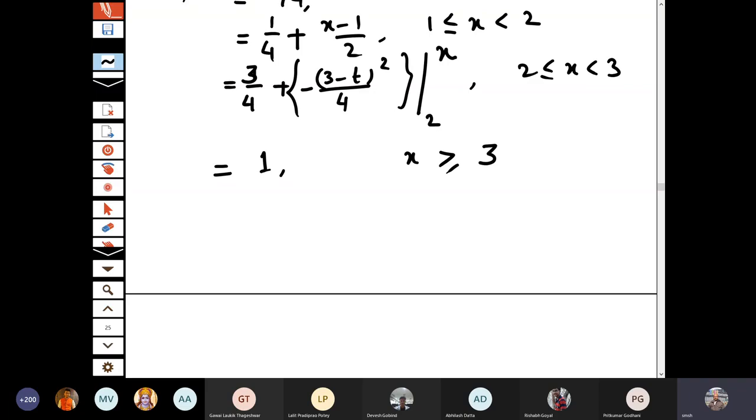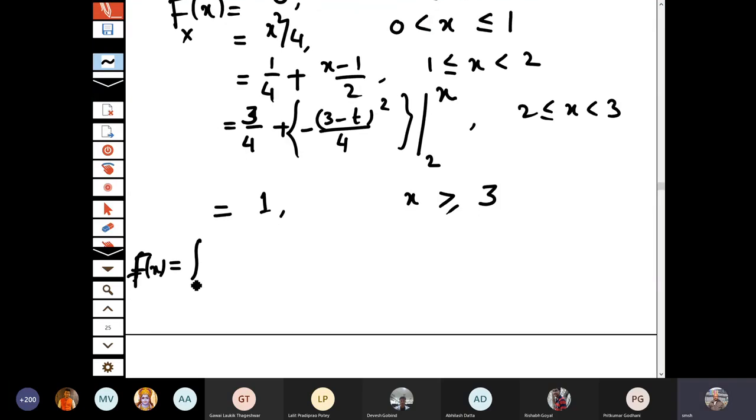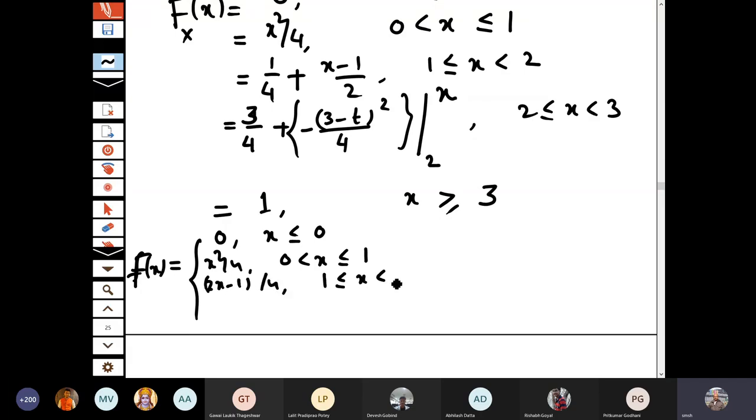So if you want, you can write like this: capital F is 0 for x less than or equal to 0. It is x square by 4 for 0 less than x less than or equal to 1. It is equal to, now this you can combine here, (2x minus 1) by 4 for 1 less than or equal to x less than 2. And it is 1 minus, see this term I can combine here.